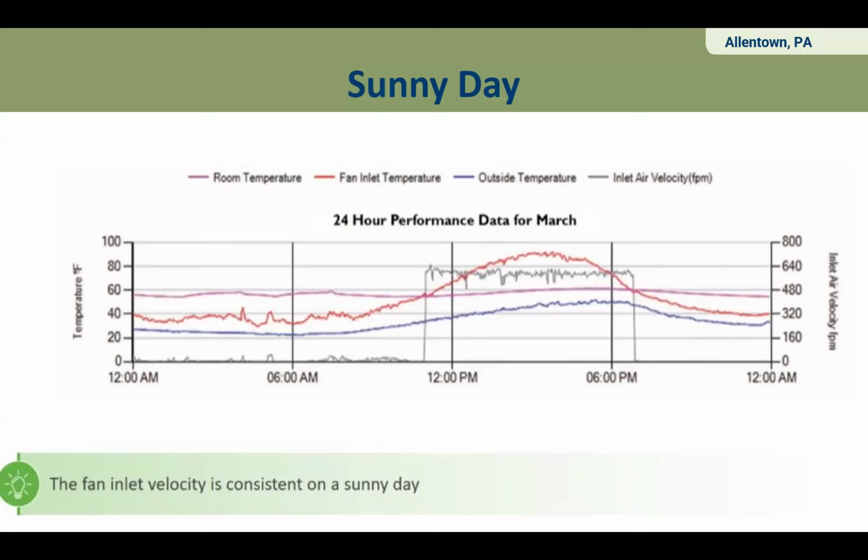So you can see here essentially an inflection point where the red line crosses the magenta line, and then all of a sudden the gray line kicks on and you start the active portion of the day. So essentially you need that fan inlet temperature to be above the room temperature, obviously, for the system to work. So in the winter months, you do have a shorter window, but you can see it operating on and off all day.